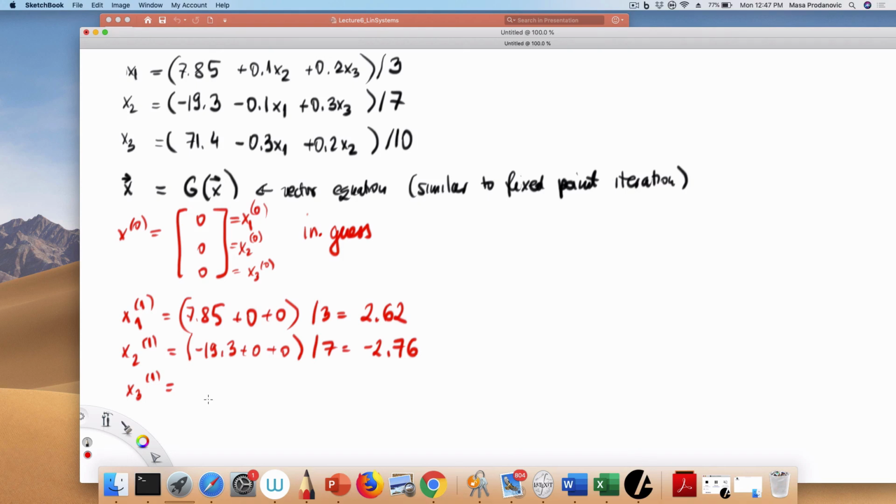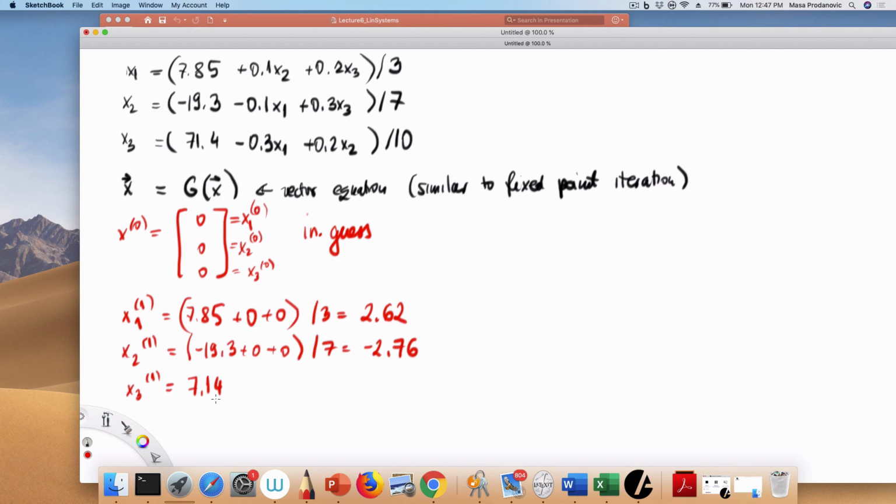And the third one I know without a calculator. 71.4 minus 0 plus 0 divided by 10. I know how to divide by 10 without a calculator. So that is now my iteration 1.